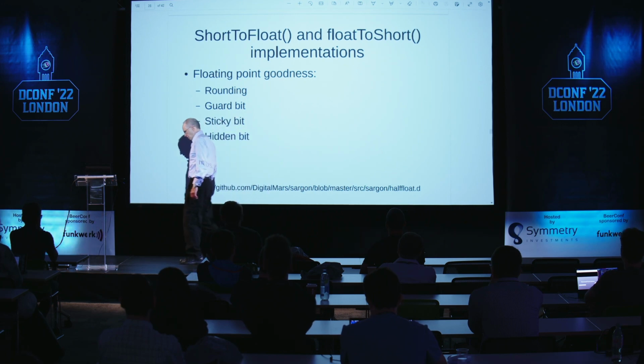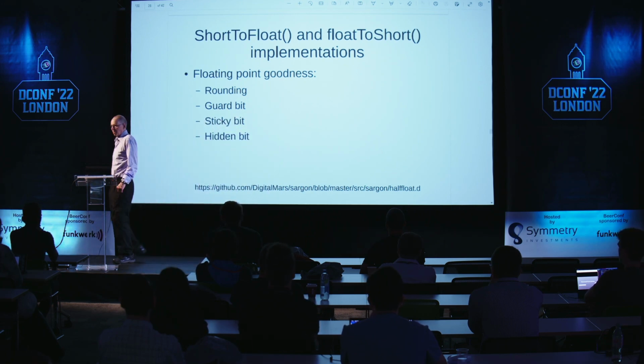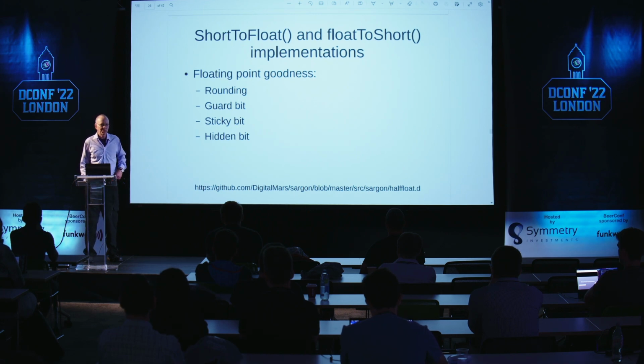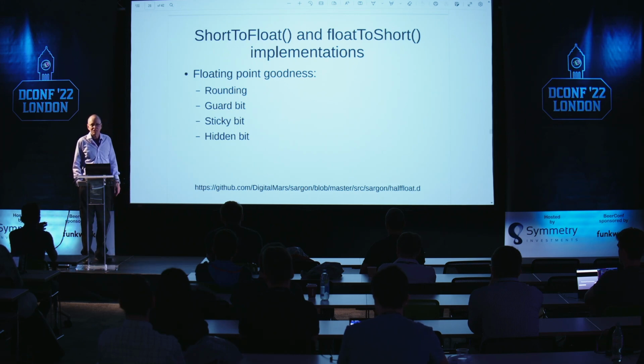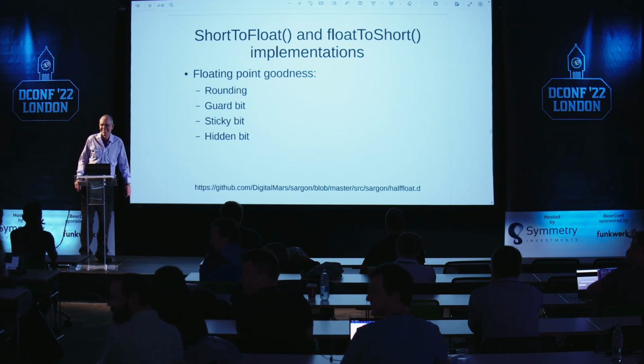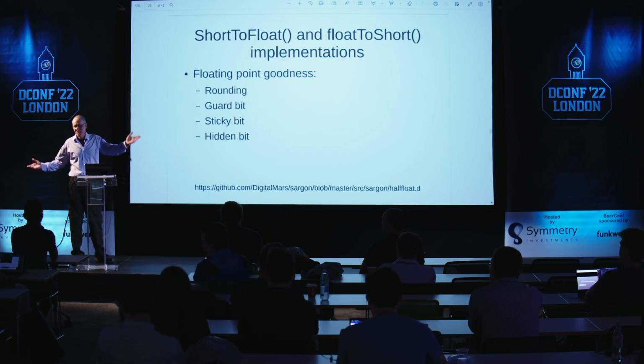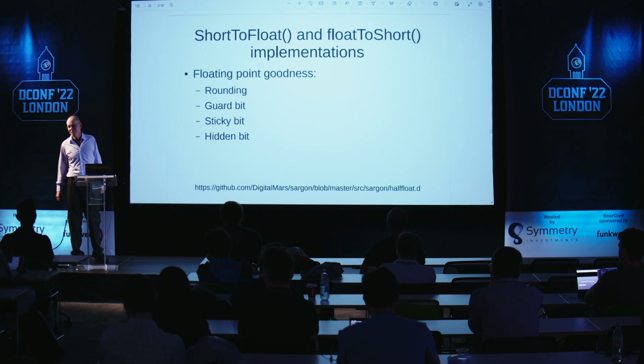And Max Houghton was working on an 80-bit floating point emulator, and he didn't know how to do this stuff, and I just pointed him at that and said, there you go, that's how you use those extra bits to get all the correct rounding. So Max, are you here? There he is. So now, Max, you've got no more excuses. It's all laid out for you how to do it. It's going to be perfect, I know.